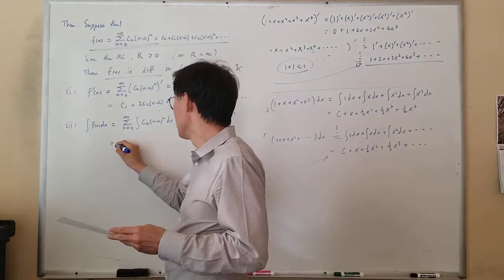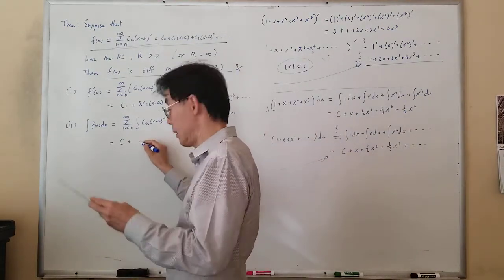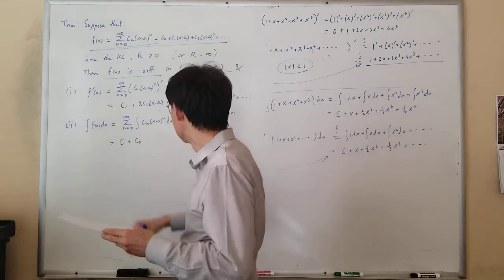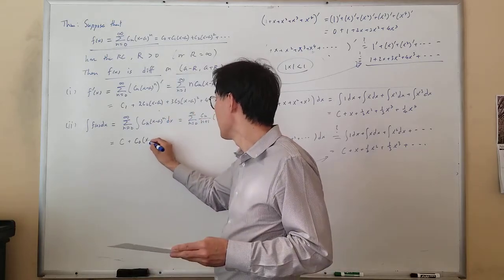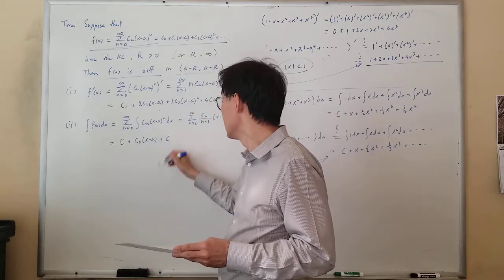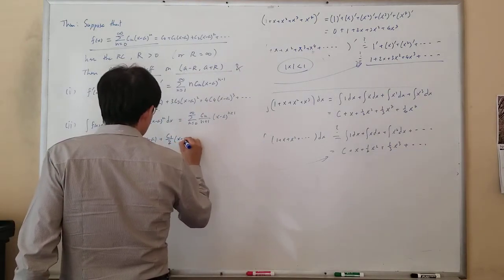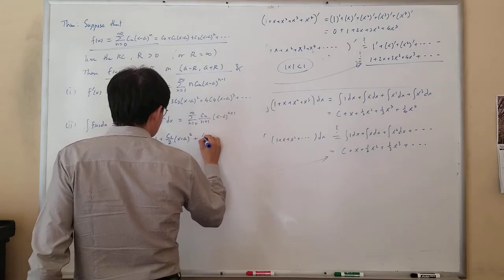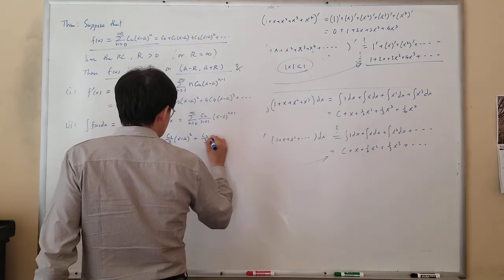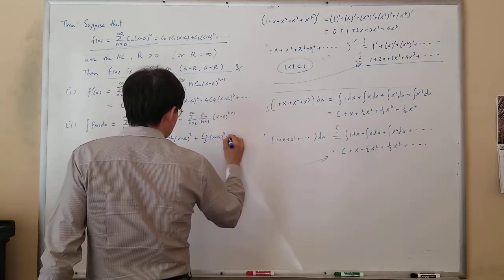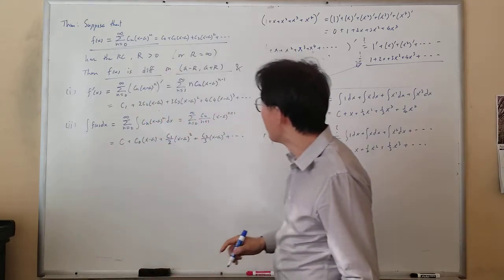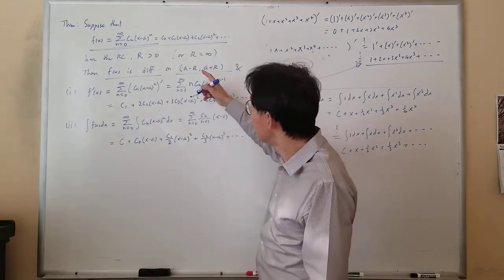So some arbitrary constant plus C0 times x minus a, C1 over 2 times x minus a squared, and keep going.